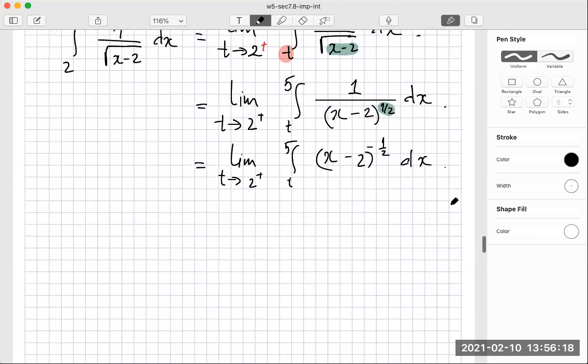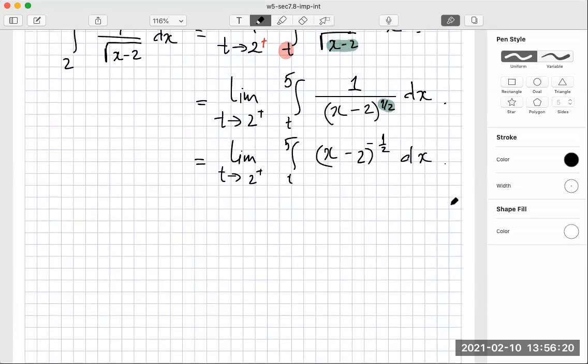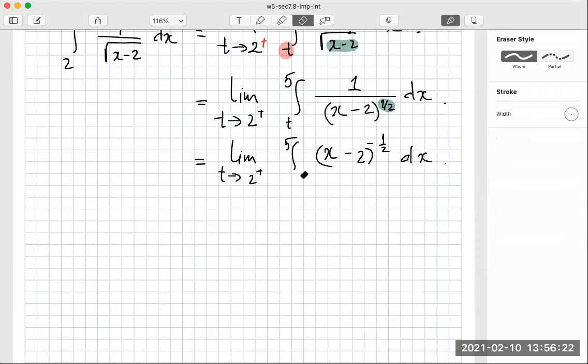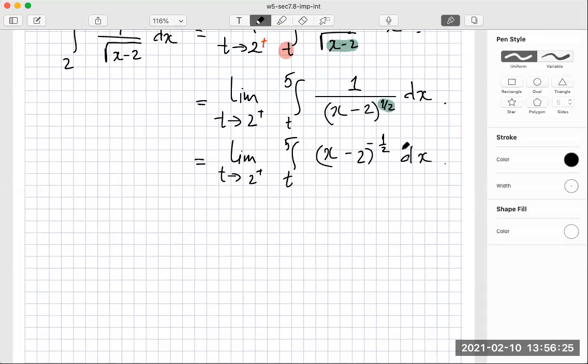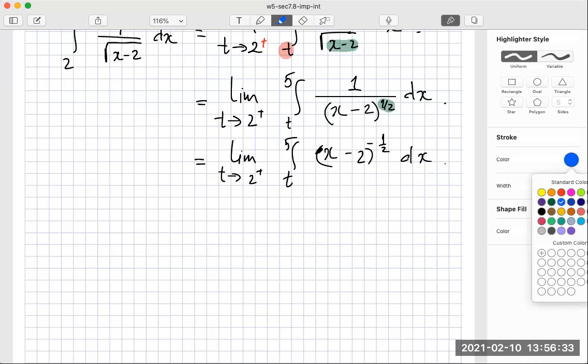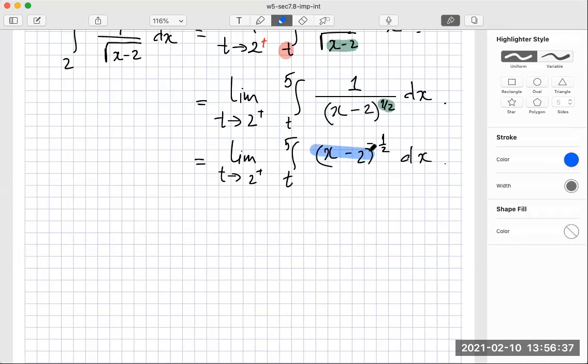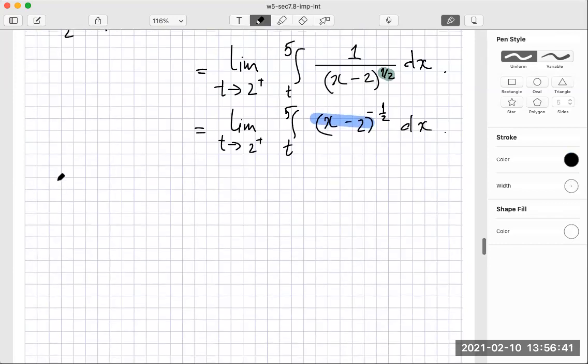So what should we do now? It is something to the negative power. Very good. If we do substitution, how can we define u?